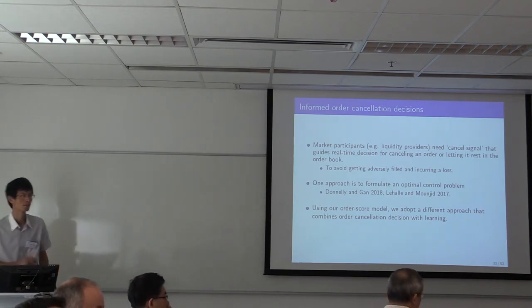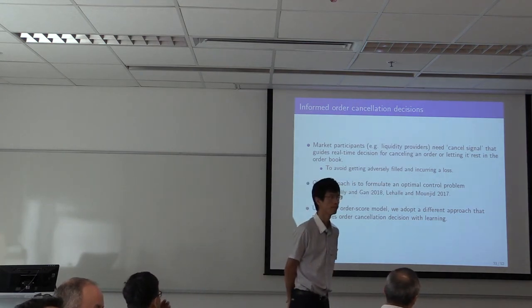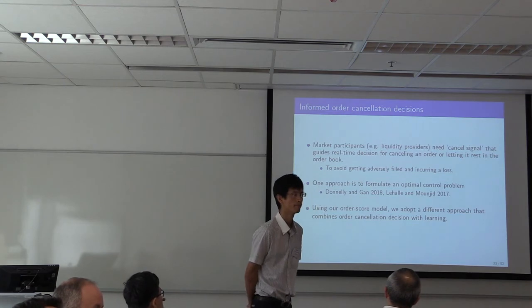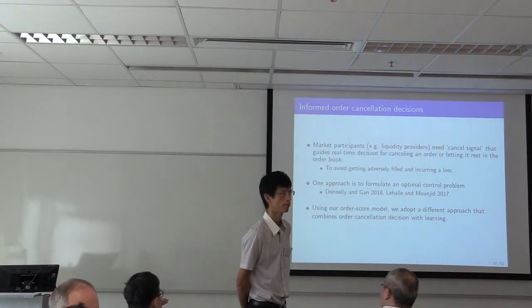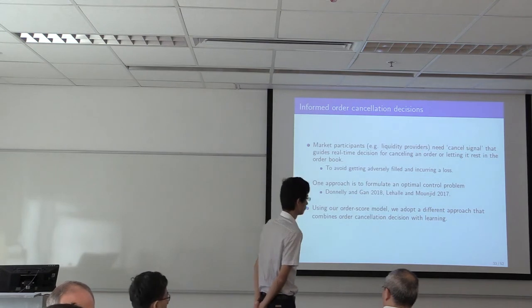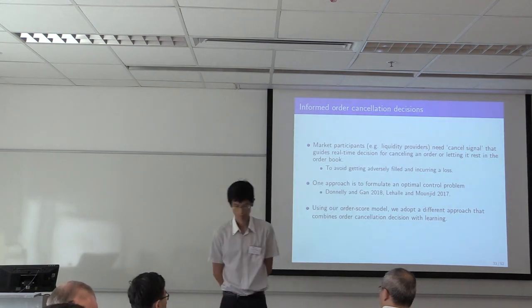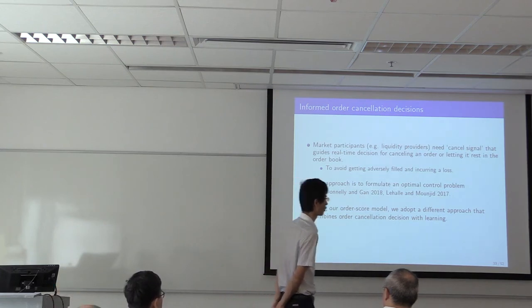Maybe as a follow-up to this question, you propose this particular score. If you write some simple stochastic control problem, is there an example where something like this actually comes out as the optimal rule? Can you somehow micro-found this with some stochastic control problem? That's certainly a very good question.